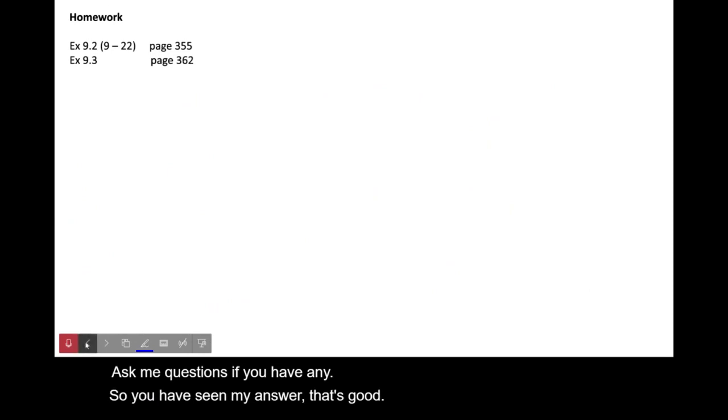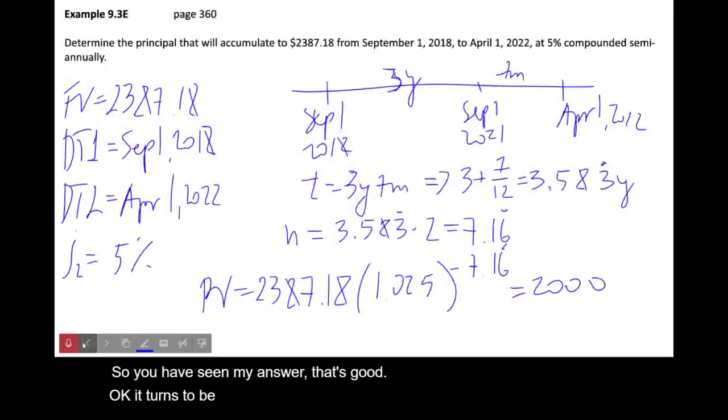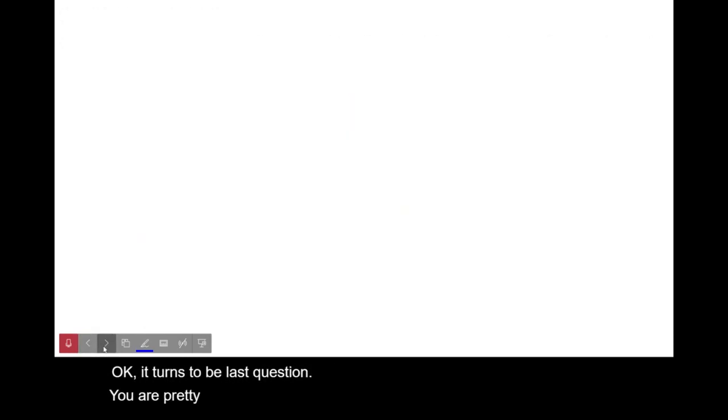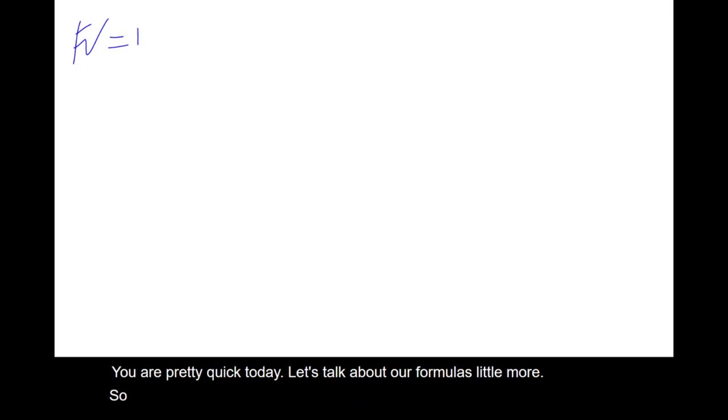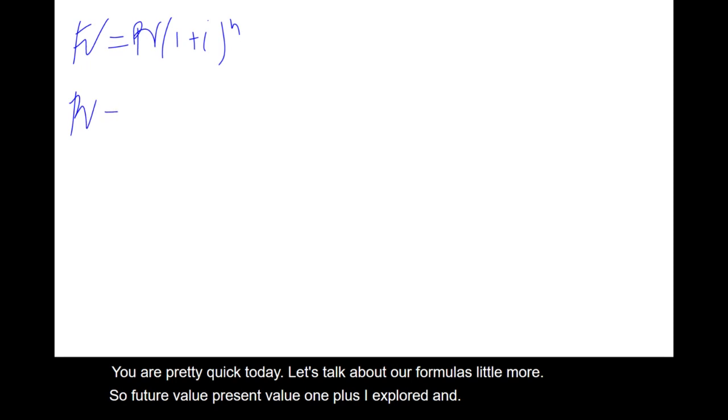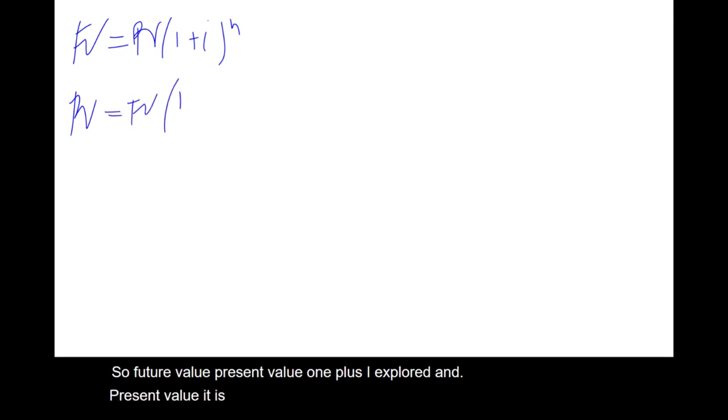Okay, it turns out to be the last question. We were pretty quick today. Let's talk about our formulas a little more. So future value is present value times 1 plus i exponent n. Present value is future value times 1 plus i exponent negative n.